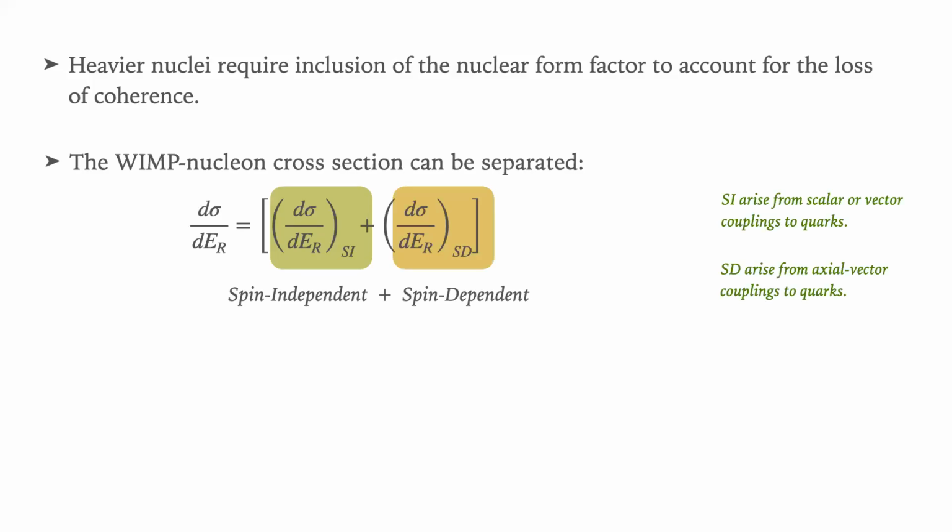And so this WIMP-nucleon cross-section can be separated into a spin-independent component and a spin-dependent component. The spin-independent component comes from scalar or vector couplings to the quarks, and the spin-dependent term arises from the axial vector couplings to the quarks.